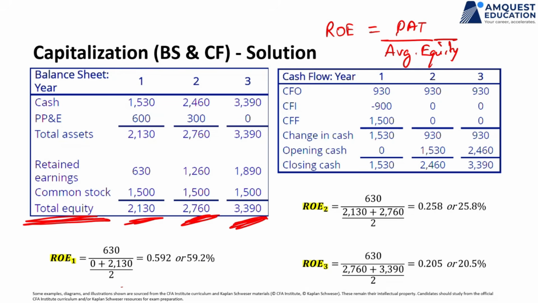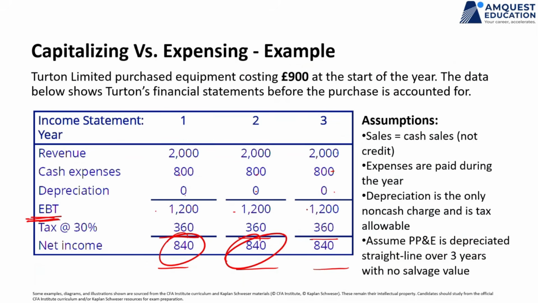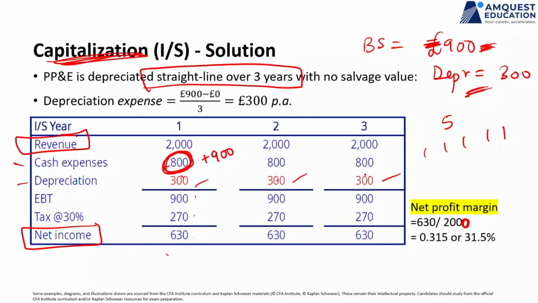And profit after tax is obviously what you see on your income statement. There is a profit after tax number here, 840, 840, 840. For us, it will be 630, 630, 630 because we are doing depreciation also.